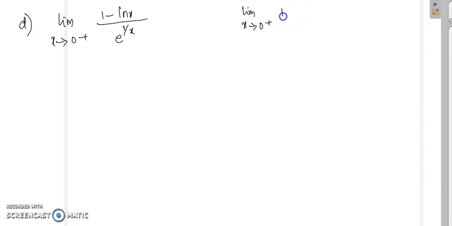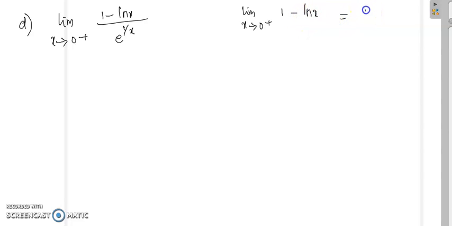The next problem is limit x tends to 0 plus 1 minus ln x by e raised to 1 by x. So when you take limit x tends to 0 plus of 1 minus ln x, as x approaches 0, ln x goes to minus infinity.